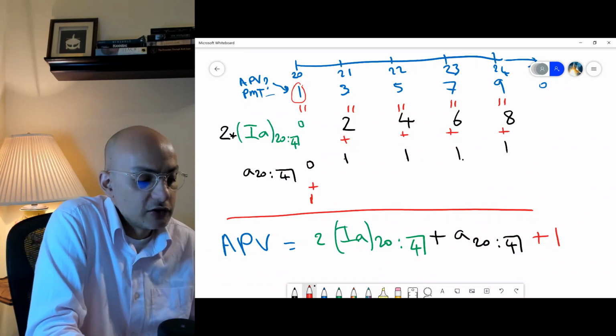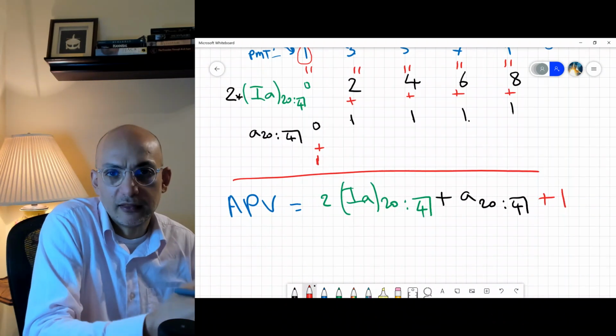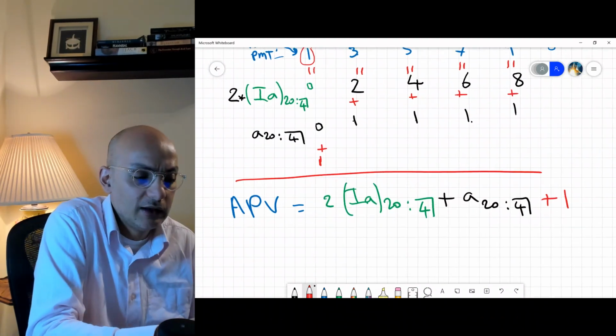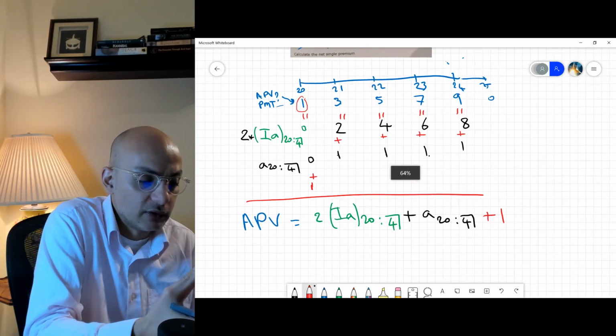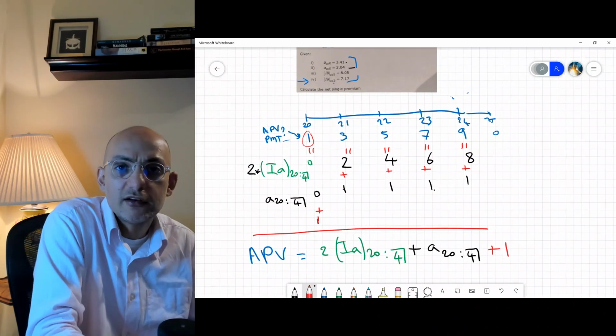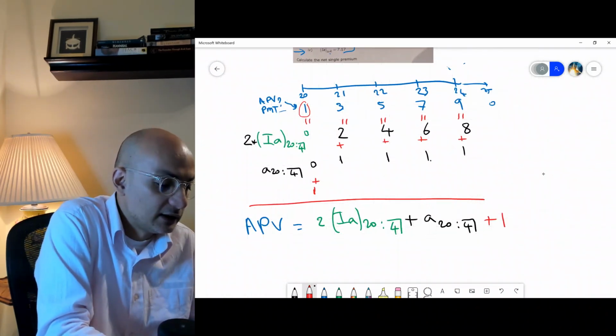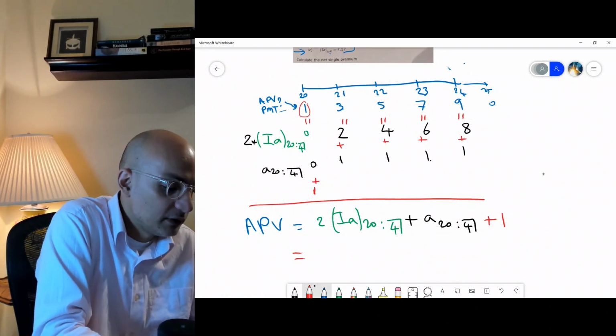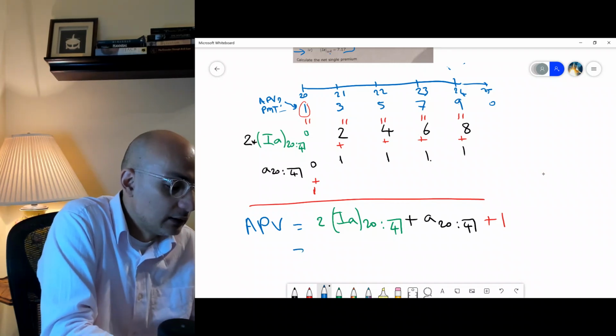This is a good question. This is the kind of question I like. They are conceptual, not so much calculation, but actually very conceptual. It makes sure that you understand the material. Now if you calculate the actuarial present value, it's simple.